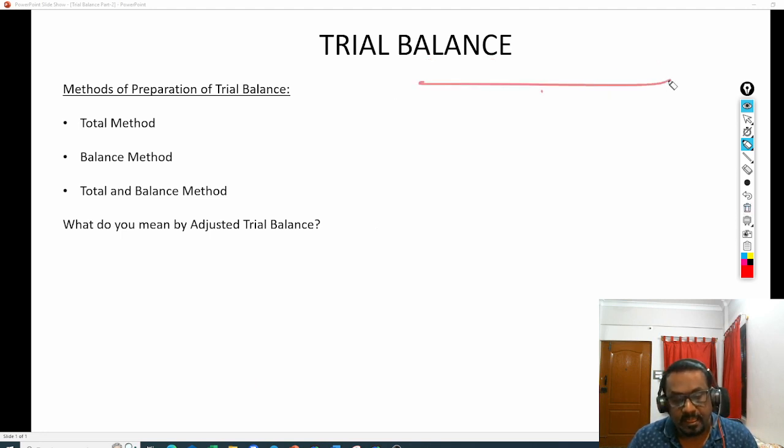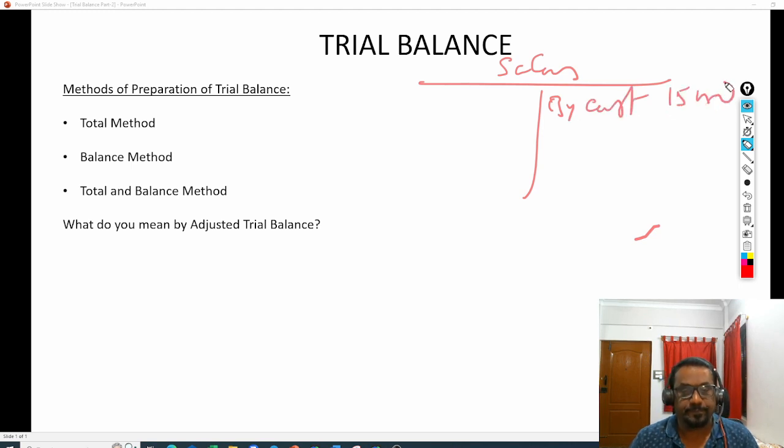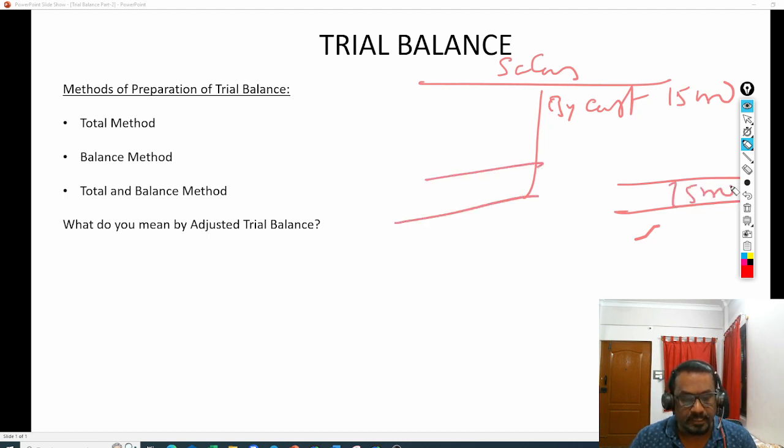I'll take another example. Let us say I sold goods for credit, sales account. When I sell goods for credit, customer account debit to sales account is the entry. So by customer, let us say I sold it for 15,000. Now I wanted to close this account, balance this account. So first total higher side is this. So 15,000 total, same 15,000 I have to put. If anything is here, I need to subtract. Nothing is there to subtract.